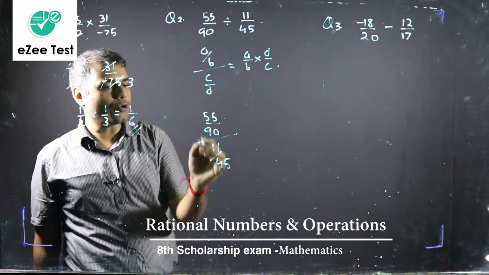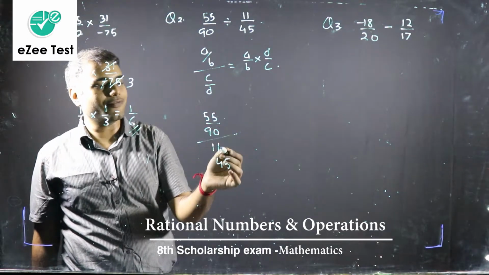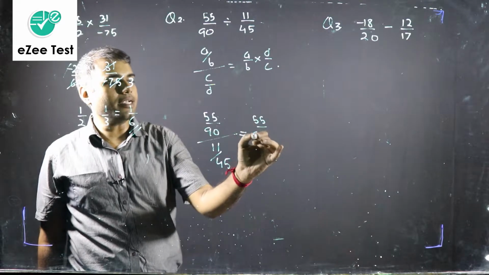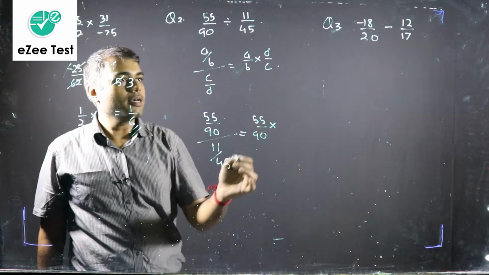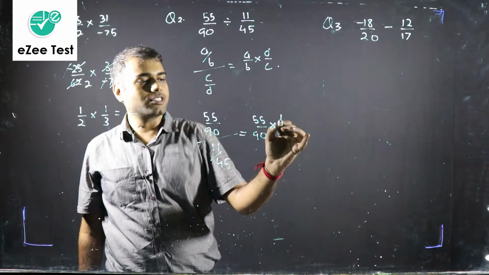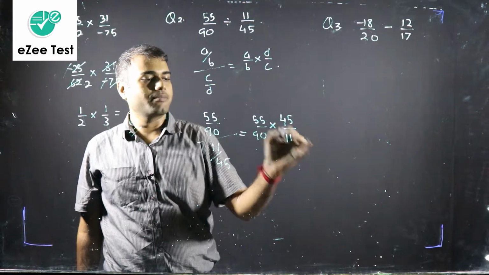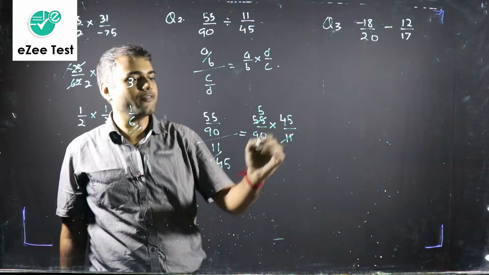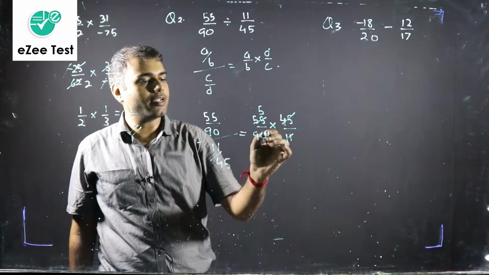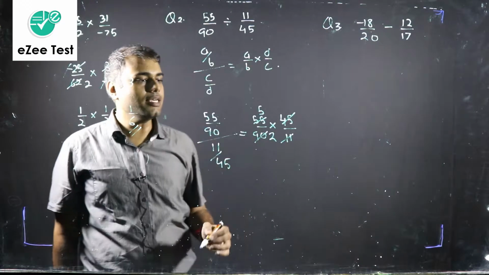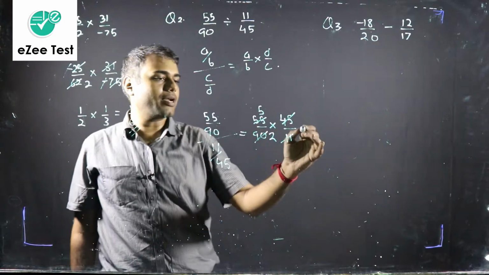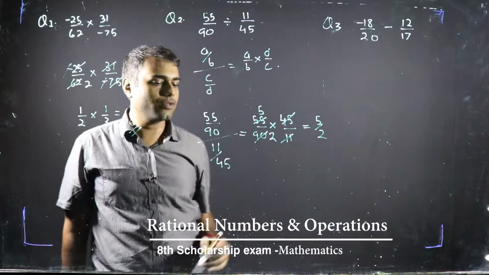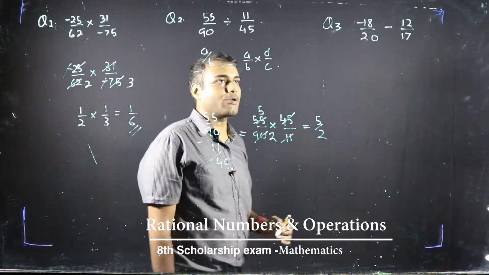So I have written it in the form of a by b divided by c by d. So it will become 55 by 90 into d by c, which is 45 by 11. Now 11 into 5 is 55, and 45 into 2 is 90. So we can cut these numbers like this, and the answer will be 5 by 2. Fine. I hope there is no doubt in this.